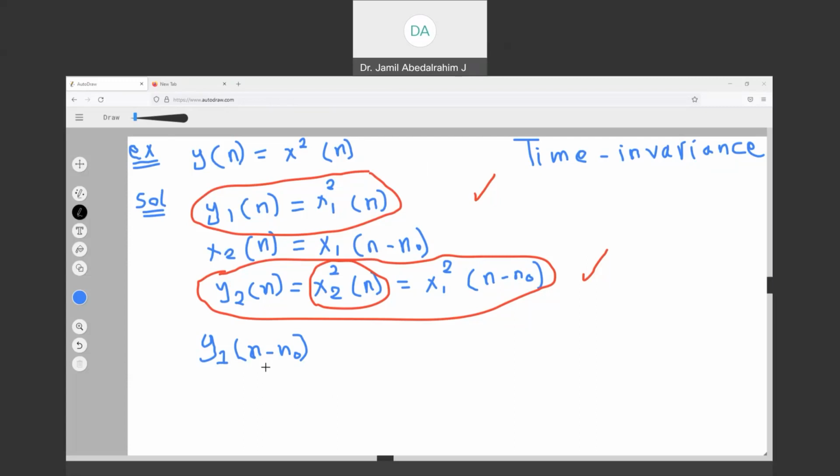After this shifting, we need to check whether it equals the second equation.